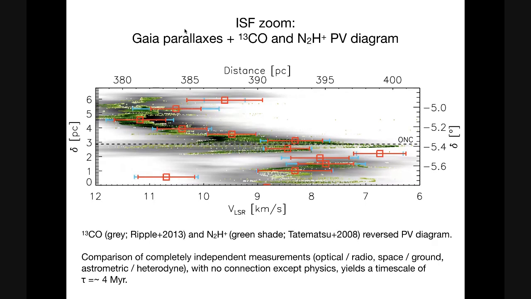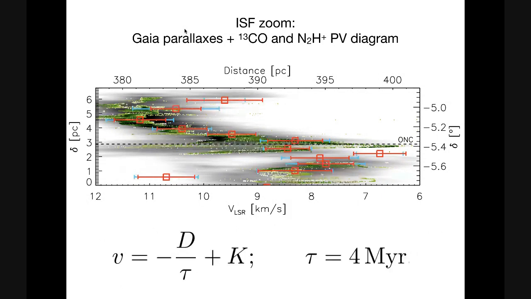And the comparison between these two data sets, where the black shade and the green shade are the gas velocities, and the red points with both the blue and red error bars are the binned Gaia parallaxes, yields a timescale of about 4 million years.